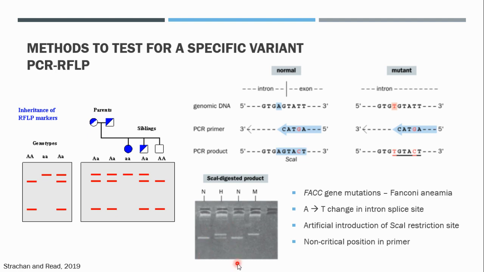And the reason it is not shown on the gel is because it's too small to be seen. So we would use high resolution of these products to identify a 20 nucleotide difference between the products to determine whether the patient had a normal phenotype or a disease phenotype. And in this way, we can identify patients who do and do not have the SNP.